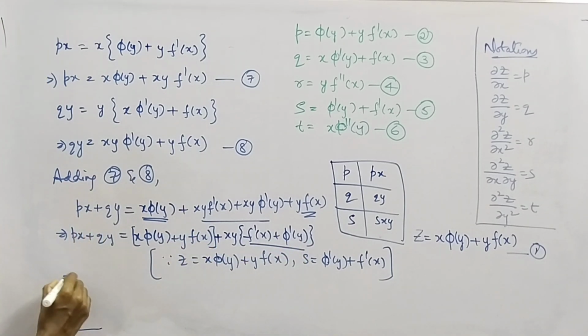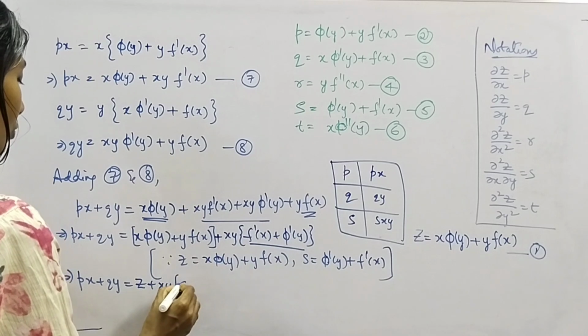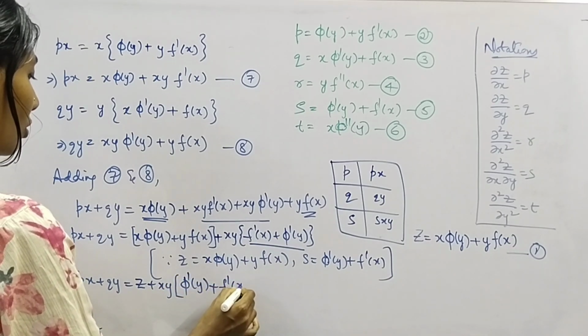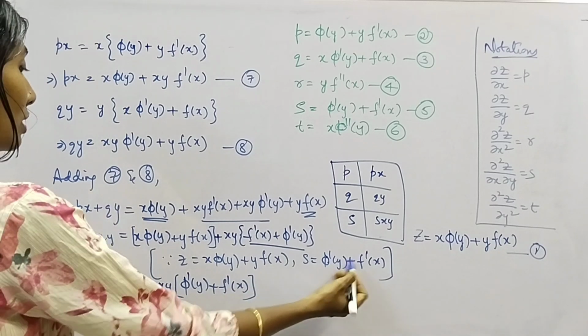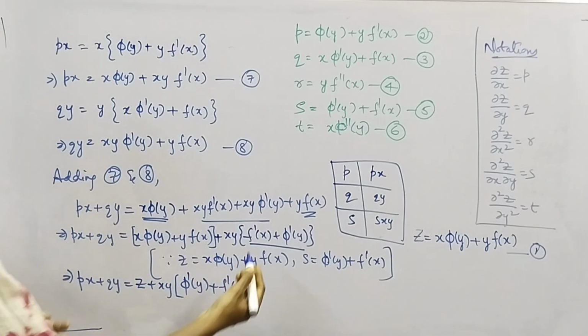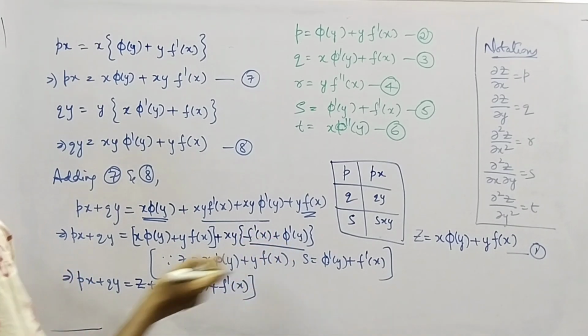Or we can rewrite it as px plus qy equal to, I'll just replace it now itself, z plus xy into phi dash of y plus f dash of x, so that it will be easy to see it is exactly s. Some will get confused if you see f dash first, right? So I can just rewrite it like this.